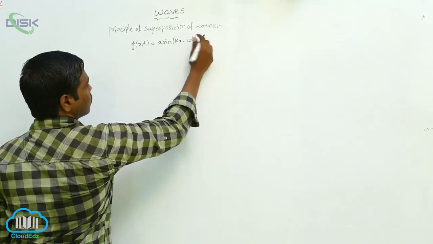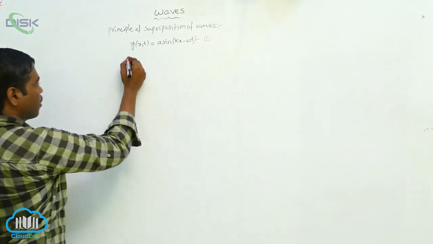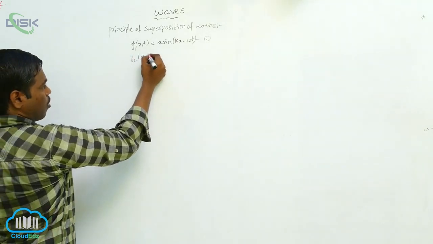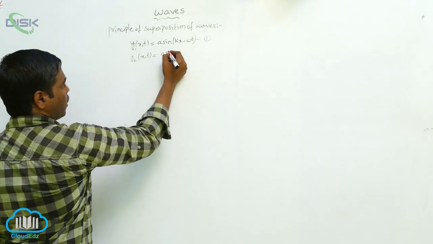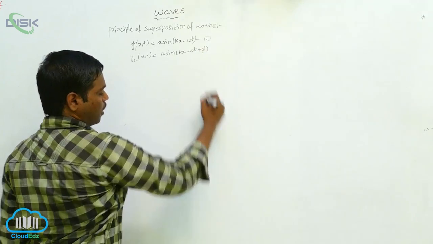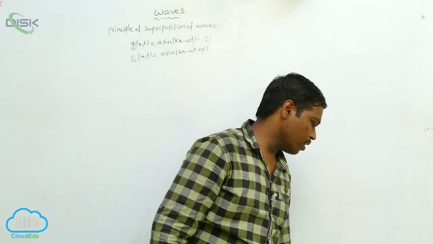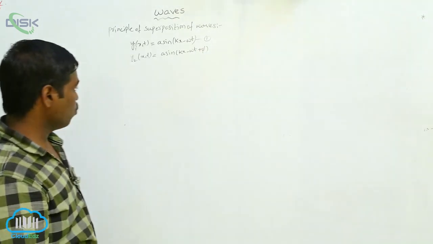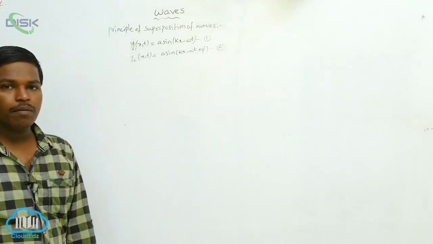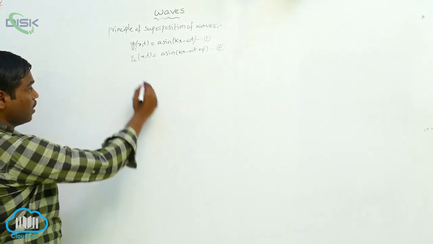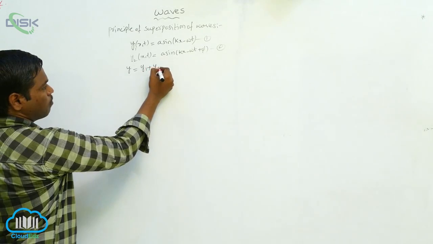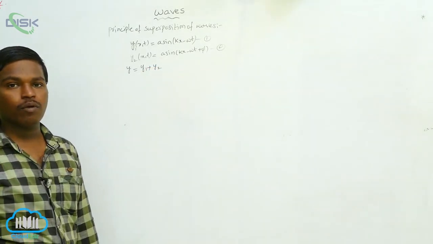This is equation 1. And I am taking one more wave, y2 of x comma t is equal to a sin(kx minus omega t plus phi). These are the two waves traveling in a medium, and when they superimpose on each other, the resultant displacement y is the algebraic sum of the displacements, y1 plus y2.